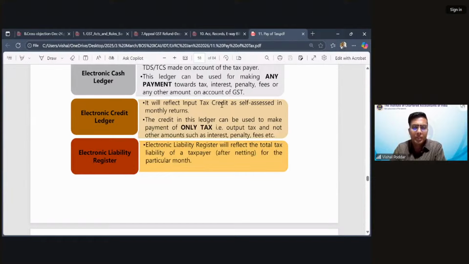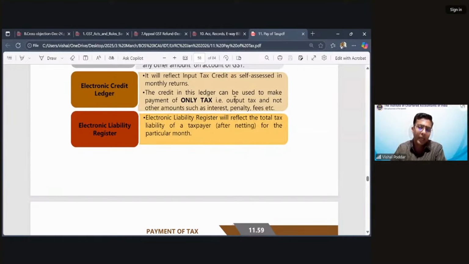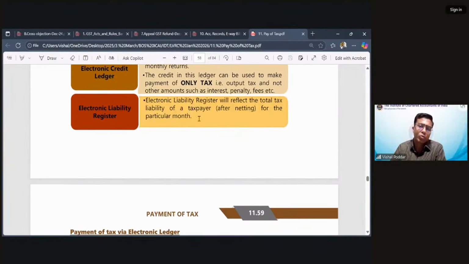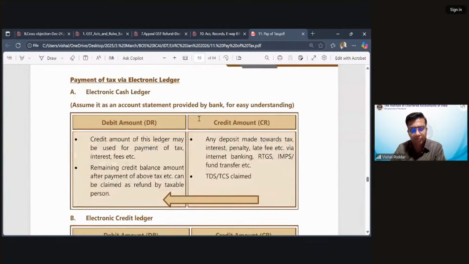And since ITC is only of the tax portion, the credit balance in this ledger can be utilized only for discharging your tax liability and not any other. Third is the liability ledger itself, which reflects the total liability which you are required to pay in a month.